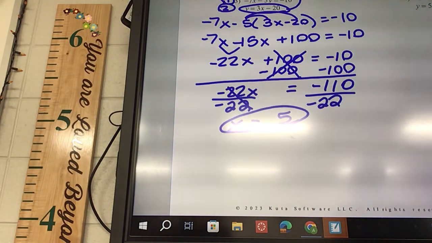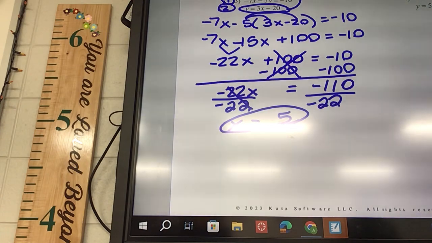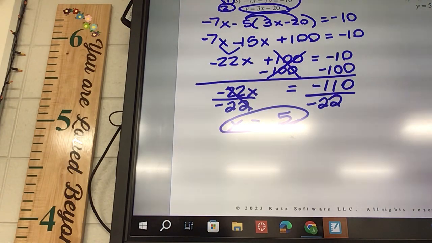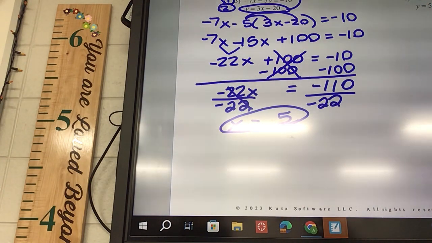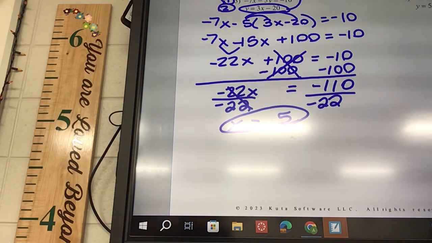I want you to look at the other one. What did we do? We circled that and then we did what with it? Look at number 1. Hopefully you copied it down correctly. Where did I draw an arrow to?